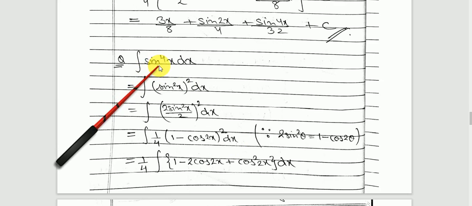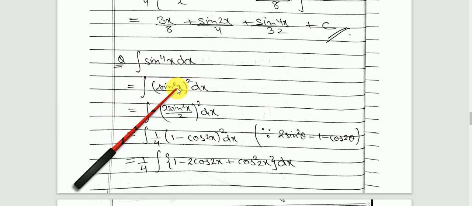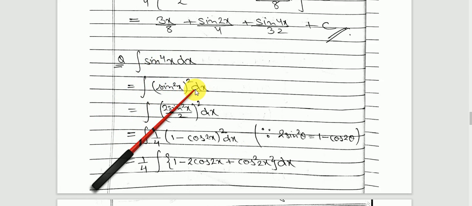Here sine to the power 4x can be written as sine square x whole power 2. Here again you can multiply and divide, so this 2 times sine square x can be written as 1 minus cos 2x. After that, use the a minus b whole square formula and expand it.